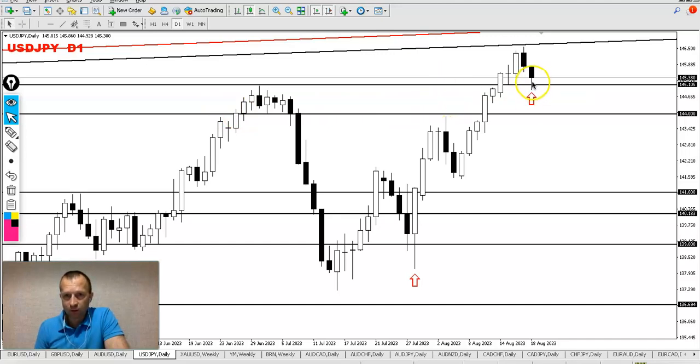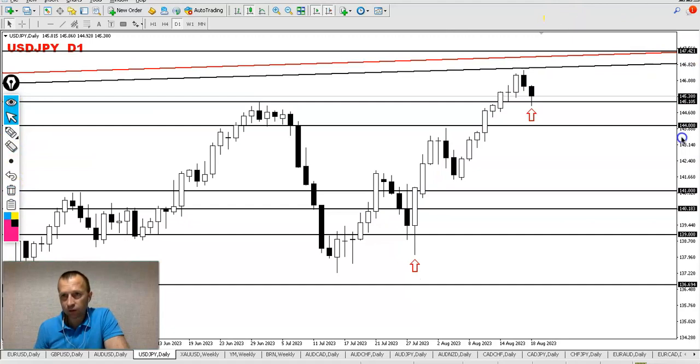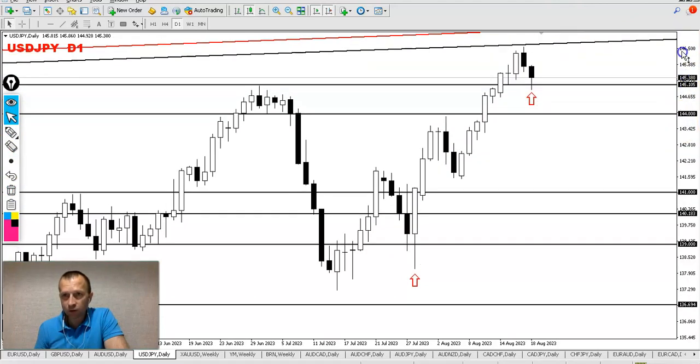So I think this is one of the reasons why the Japanese yen is so weak across the market. That's why I suggest to buy USDJPY, based on trend, with the idea to go to the upside with the targets which I just discussed, 147 and 150.